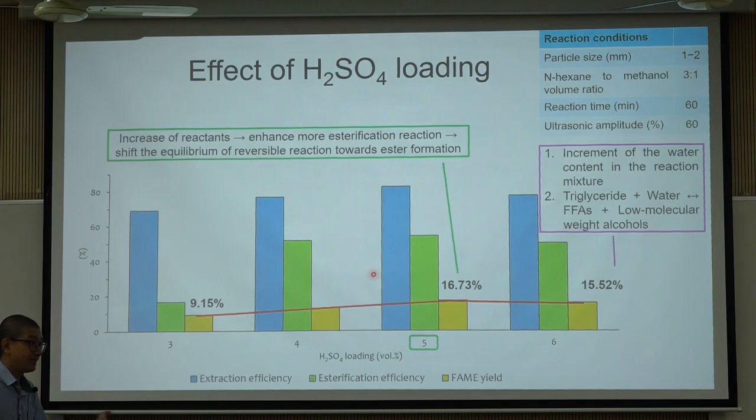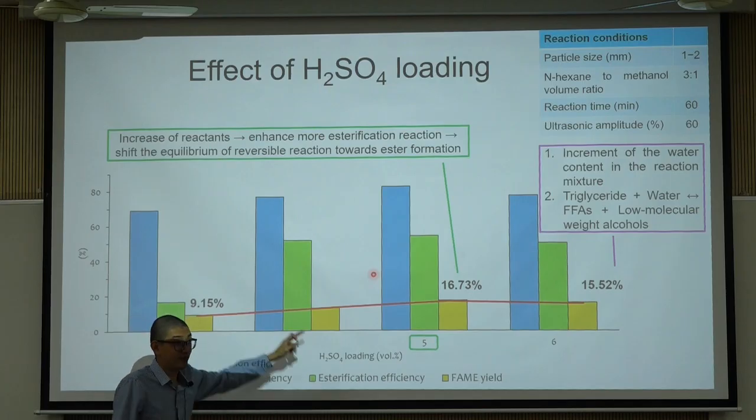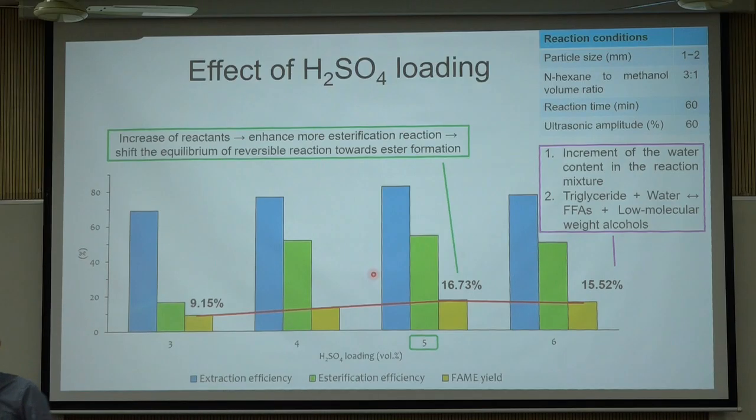So for the esterification process, that means some of the triglyceride or free fatty acid will be converted into the fatty acid methyl ester directly. So we know that the FAME yield might be much more affected. Because why? You see, from here to here, there is a significant change. Why? What happened?